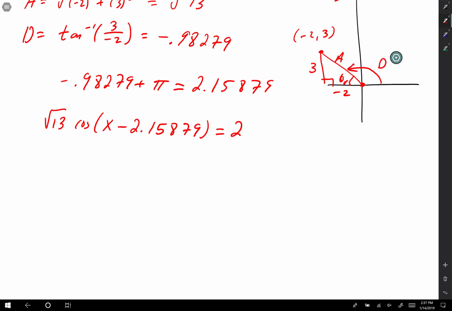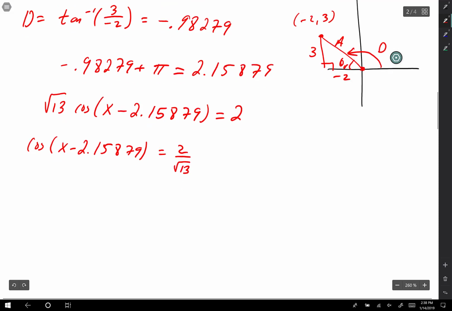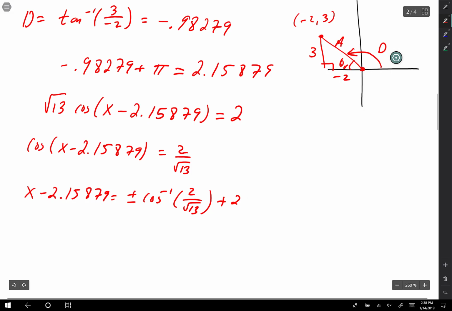Just divide by square root of 13. So cosine of x minus 2.15879, that's truncated, equals 2 over square root of 13. How do I get rid of the cosine? The inverse. x minus 2.15879 equals plus or minus arccosine of 2 over square root of 13 plus 2 pi n.